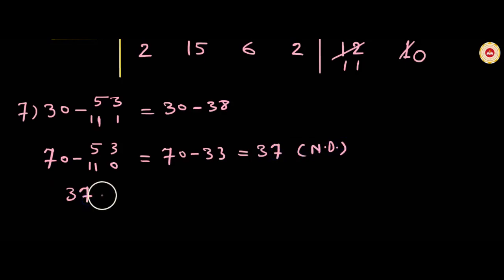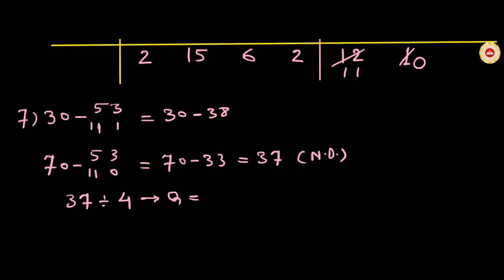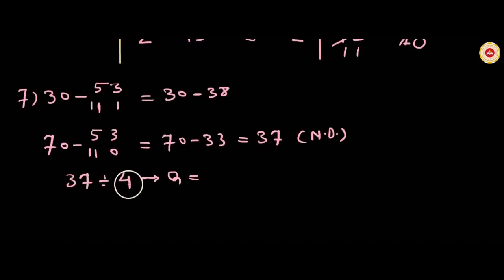Divide 37 by divisor 4, which gives quotient: 4 nines are 36 and the remainder is 1.